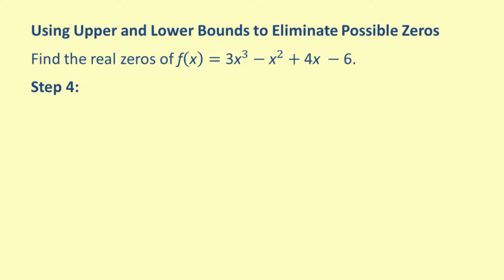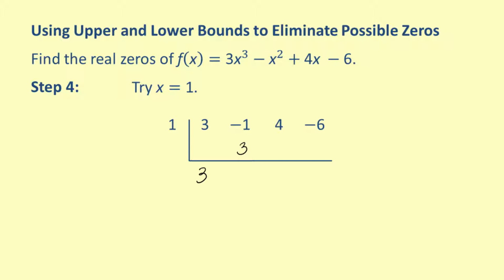Step 4. Since 2 is an upper bound, let's try x equals 1. Use synthetic division again to solve. Bring down the leading coefficient, which is 3, and multiply 1 times 3 to get 3, which we'll write under -1. -1 plus 3 is 2. 1 times 2 is 2, so we'll write this under 4. 4 plus 2 is 6. 1 times 6 is 6, so we'll write this under -6.